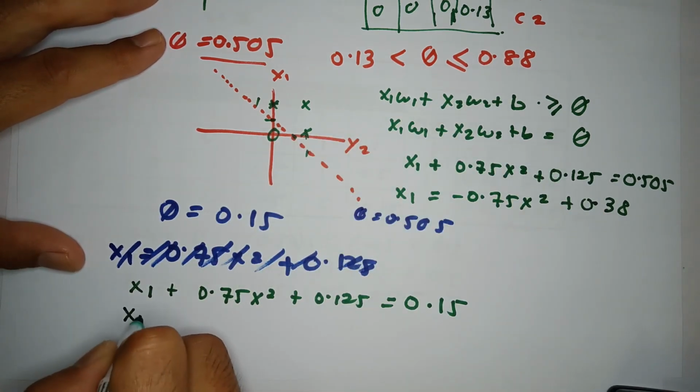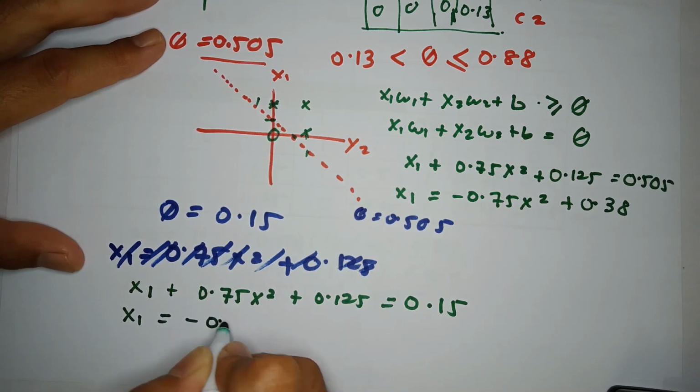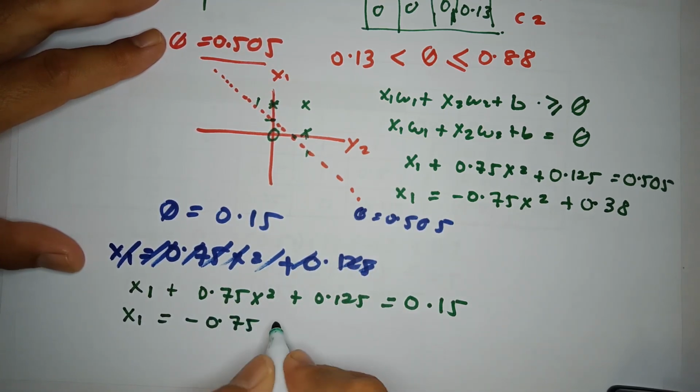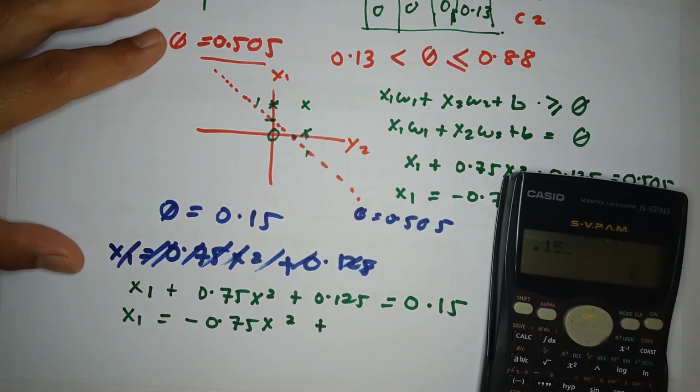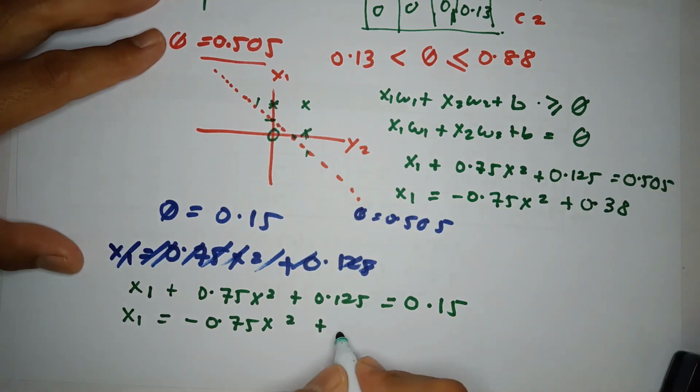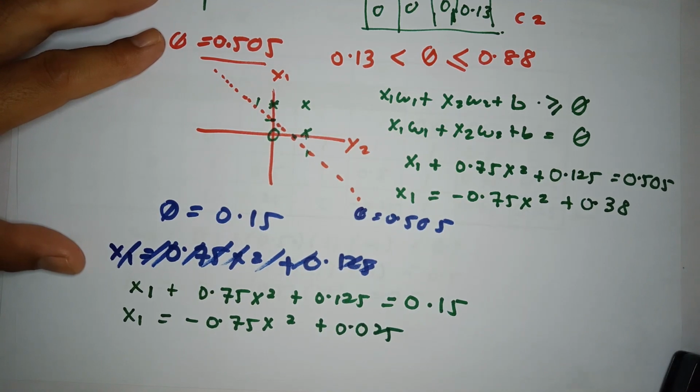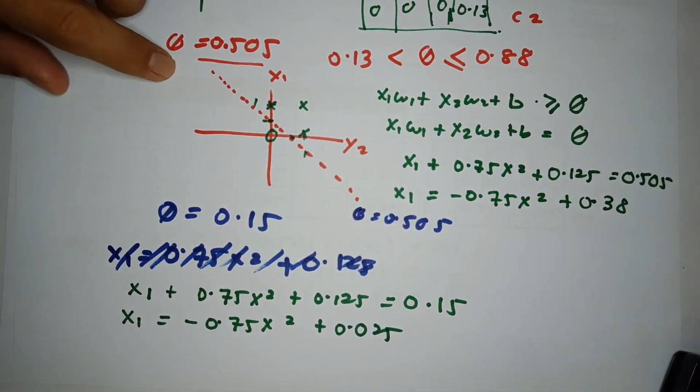So in this case, x1 will be equal to the same thing, negative 0.75 x2, plus we have 0.15 minus 0.125, which is 0.025. This is our decision boundary if we select theta equal to 0.15.